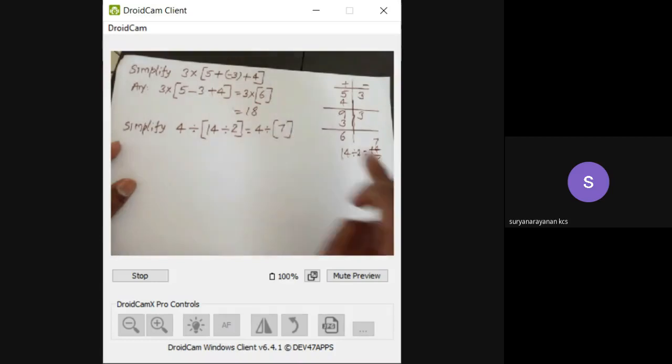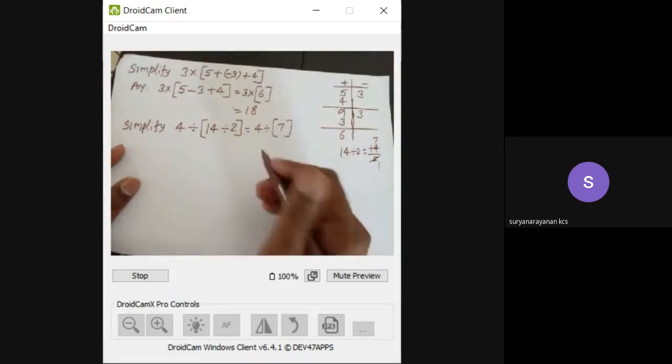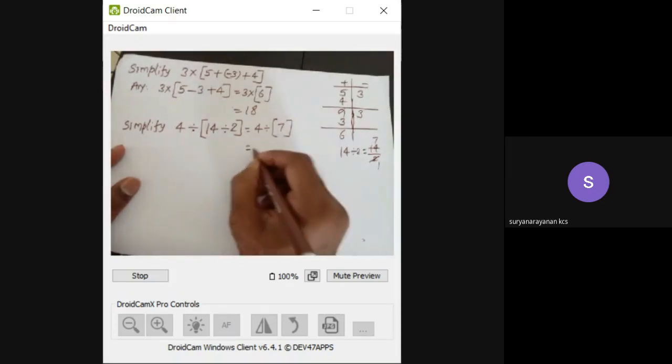Previously I told you if the denominator is 1, sometimes we can eliminate it. Sometimes we write 1 as denominator according to the requirement. Here I'm not writing 1 as denominator. So 4 divided by 7, 4 by 7, that's all.